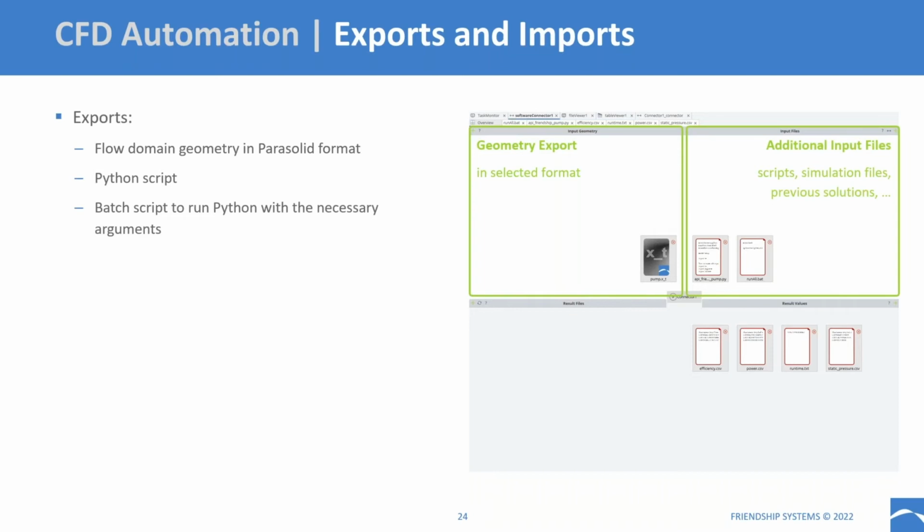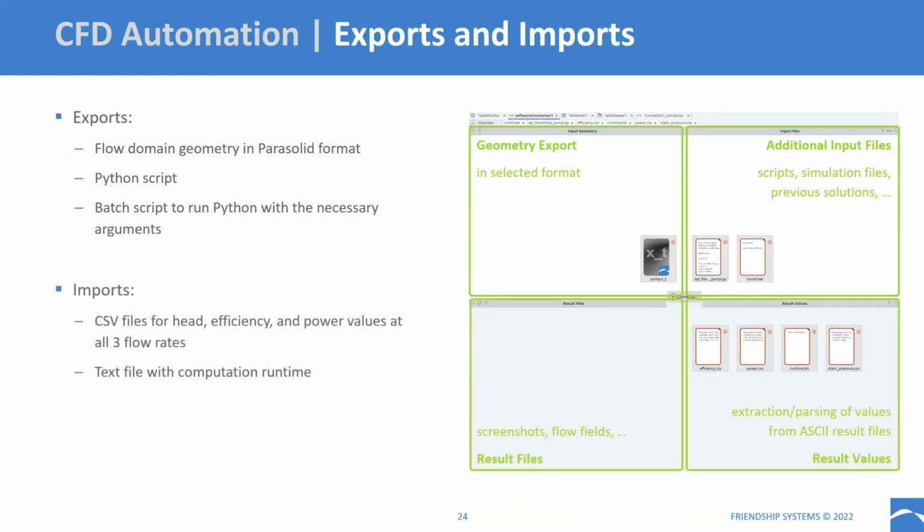And then additional input files that are needed for the external tool, which in this case is the Python script I already talked about, and then a batch script to run Python with the arguments that we need. And in the lower part, we have the result files that we want to load into KSBS when the computation is finished. In this case, we have 3 CSV files for head, efficiency, and power, respectively, with the values at the 3 different flow rates.